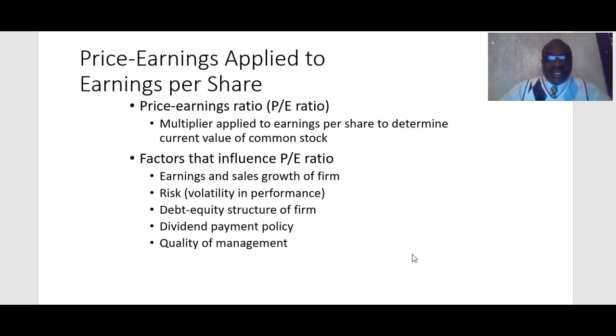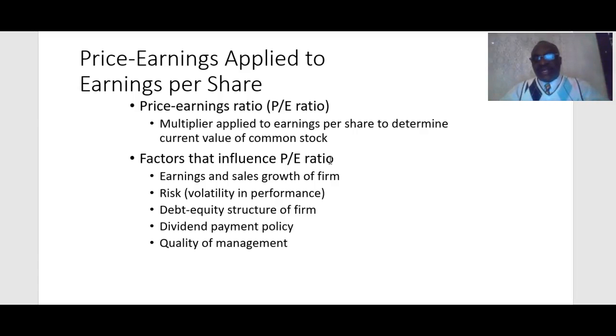All right, so the last slide here, we have price earnings applied to earnings per share. A multiplier applied to earnings per share to determine current value of common stock right here. And what are the factors that influence price earnings ratio? Earnings and sales growth of the firm will affect the price earnings ratio.